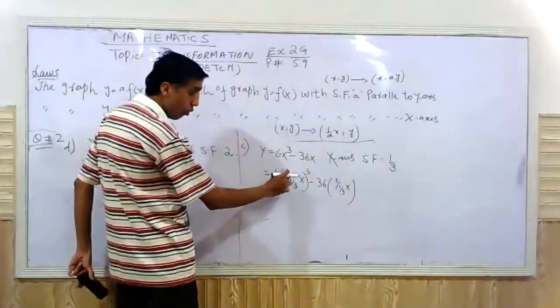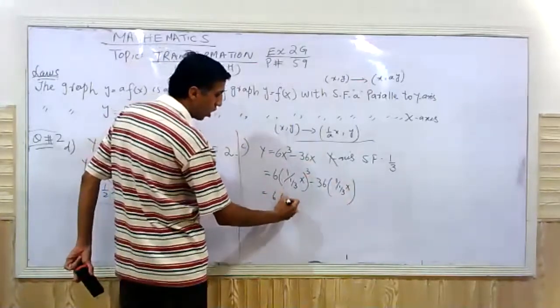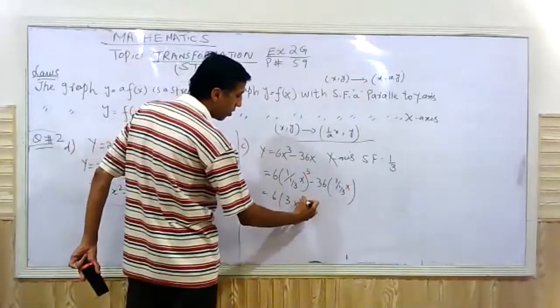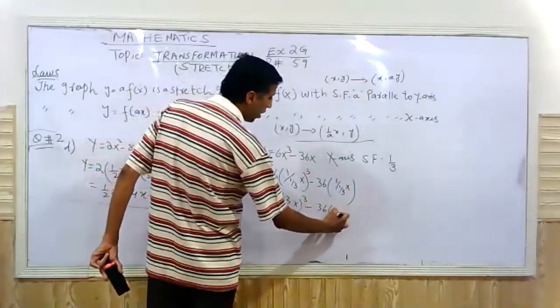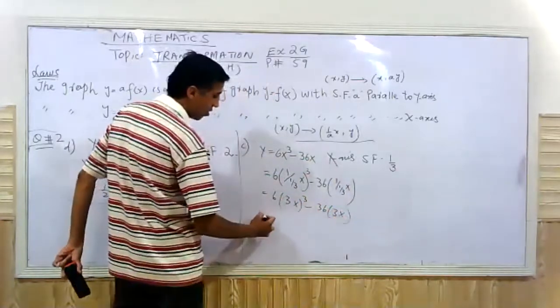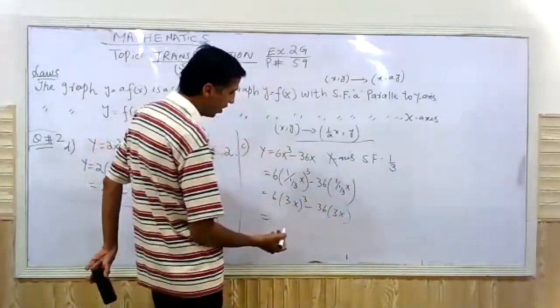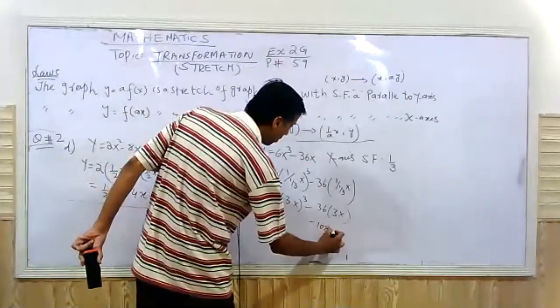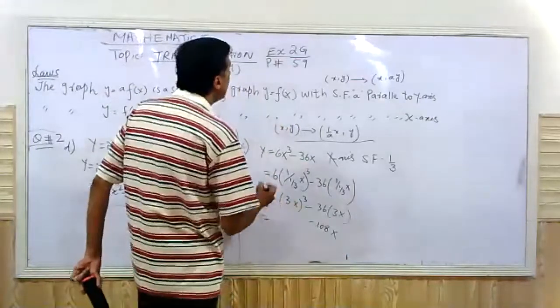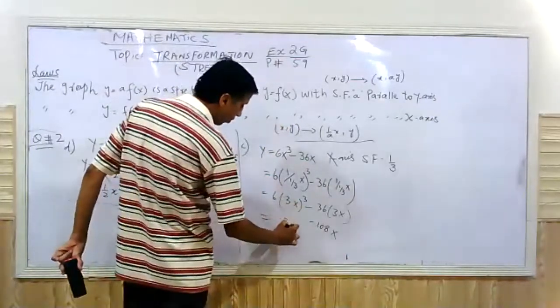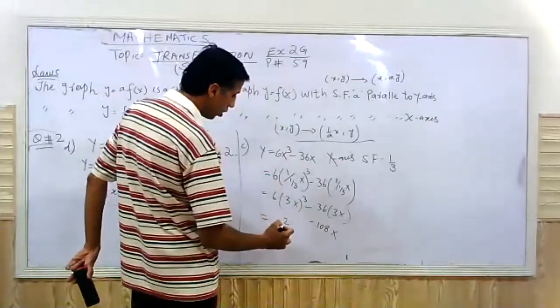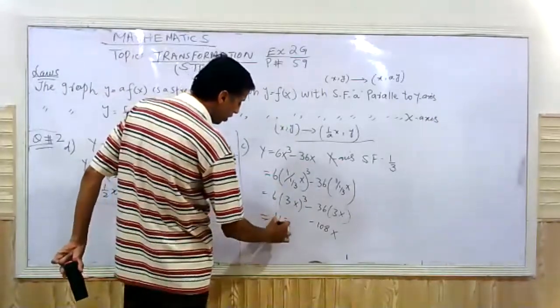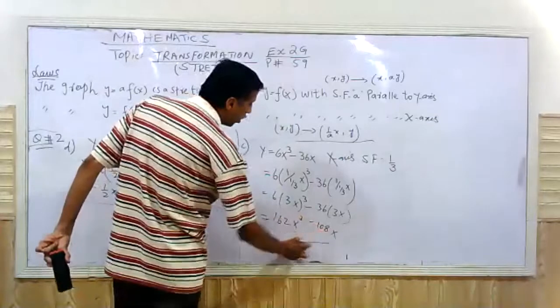1 over 3 means 3x. It also means 36 times 3x. When you multiply it, you will get the answer: minus 108x, and 162x cubed.